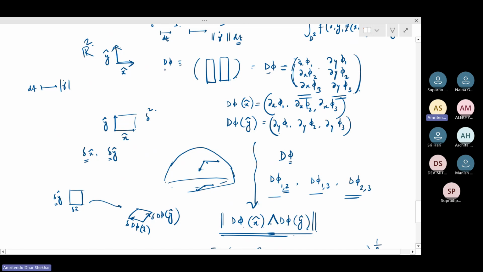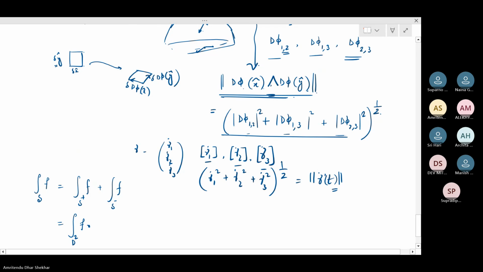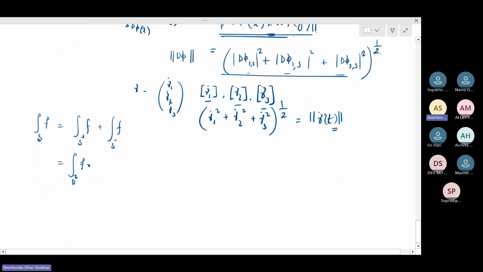So whatever this map that you got for S plus, let's just for now call it d phi norm. Okay, just for the sake of it, this is not a standard definition by any means. So you would just multiply it with d phi norm.